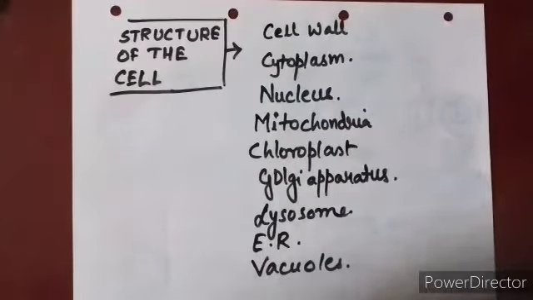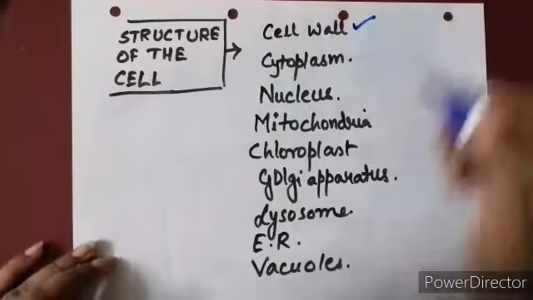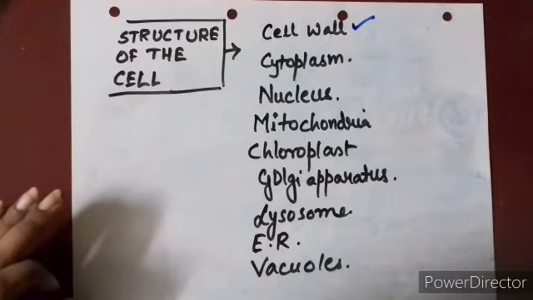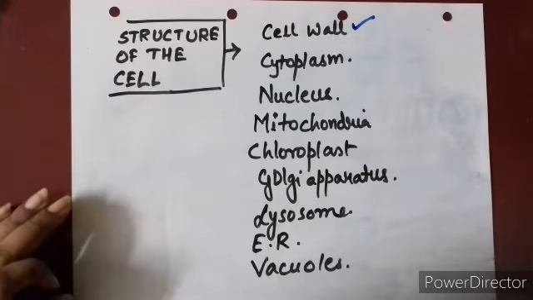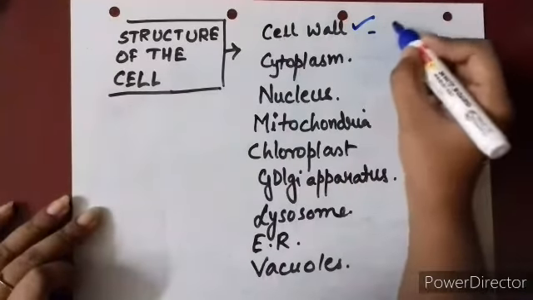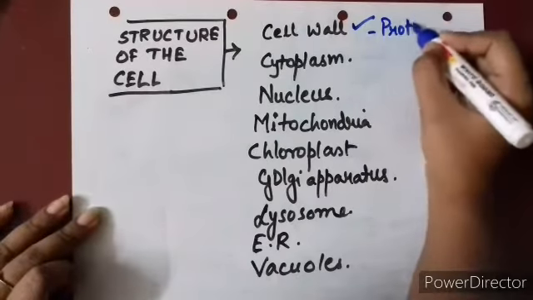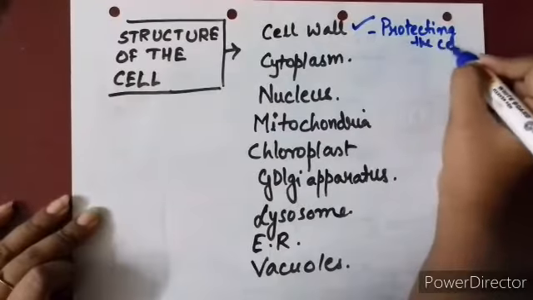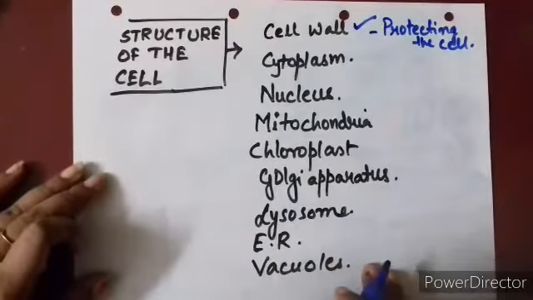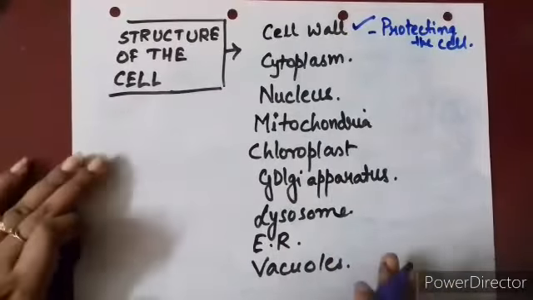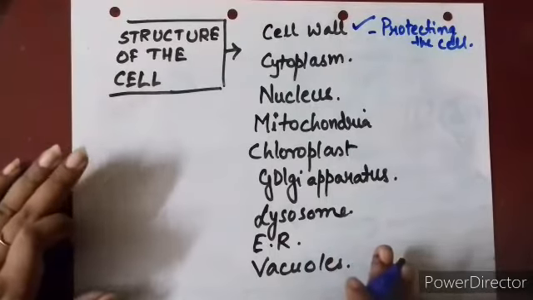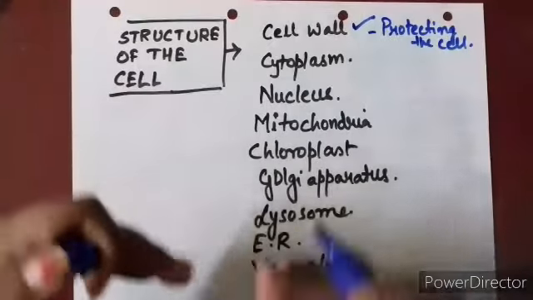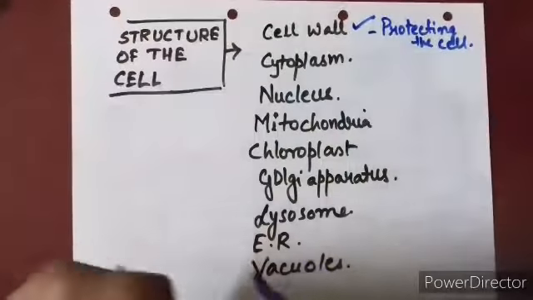The first one is not exactly a cell organelle, it is a covering, a protective material of the cell. It is known as the cell wall, and its function is protecting the cell. Protecting the cell from what? From any kind of injury, any kind of bacterial or pathogen invasion, and even osmosis and diffusion take place through this.